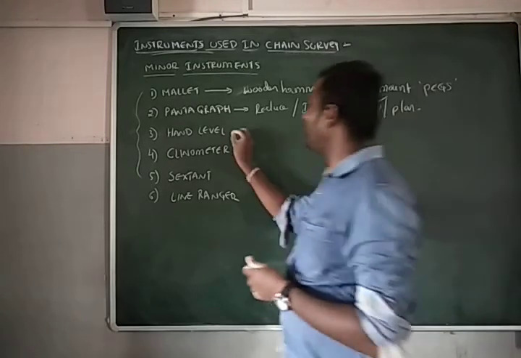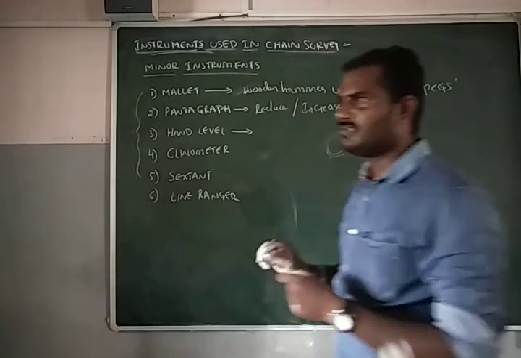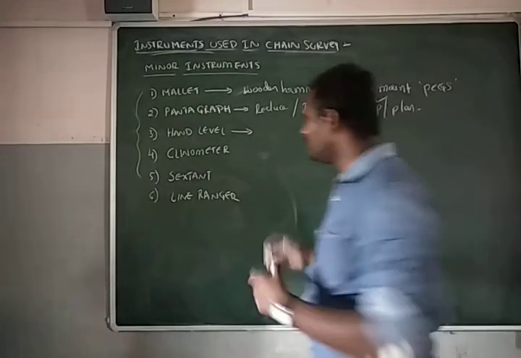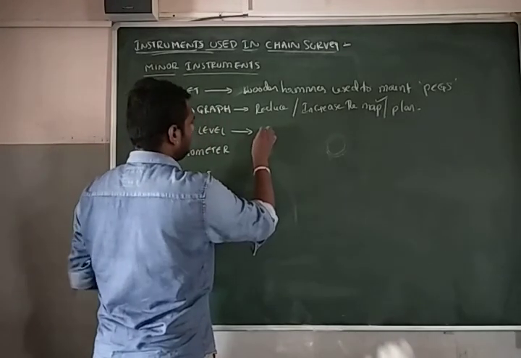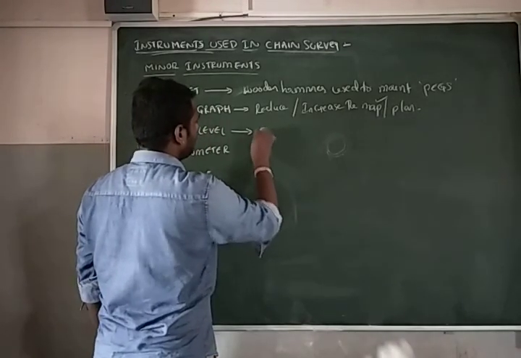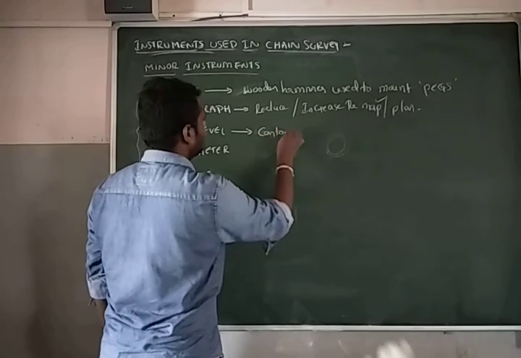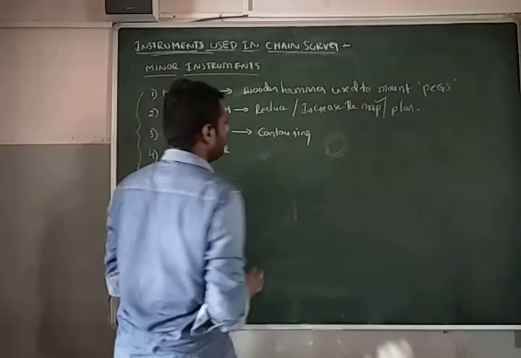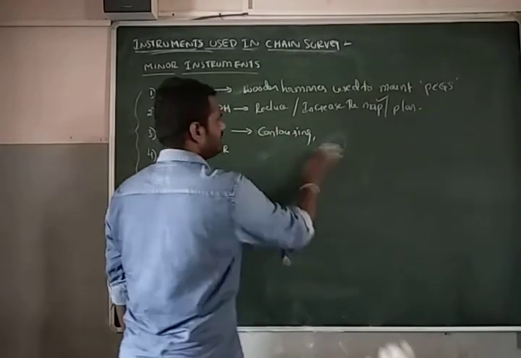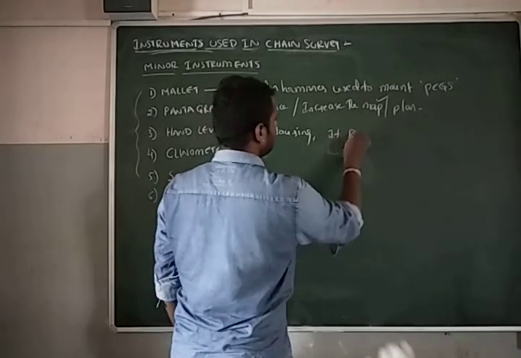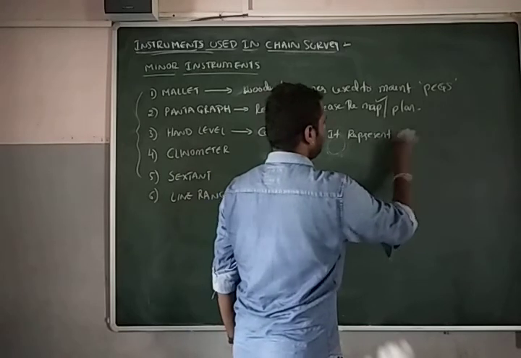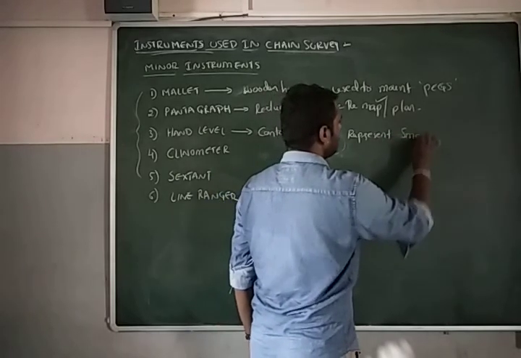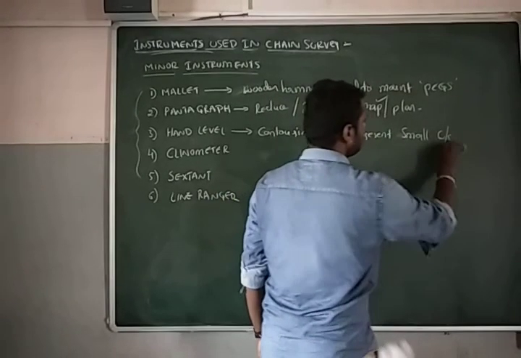So the next one is hand level. Hand level is something which gives the details or identifies the gradients, used in contouring, and it also represents small cross sections.